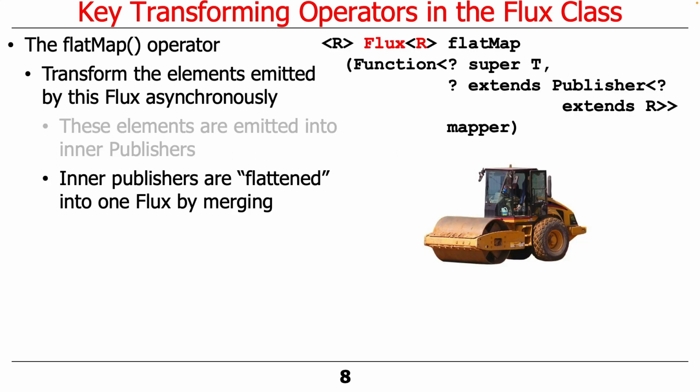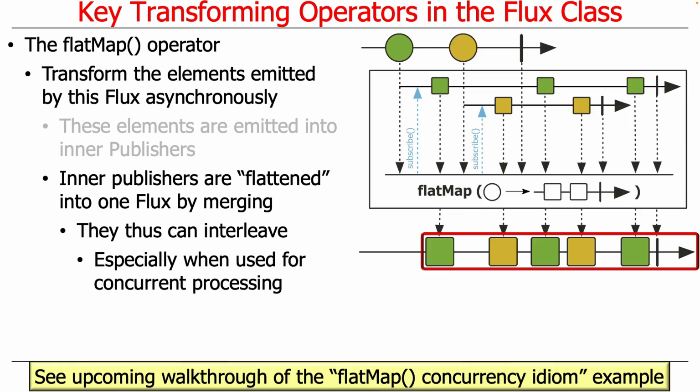The inner publishers are flattened by flatMap into a single flux by merging. And I always like to use the image of a steamroller that's going to roll over those values and flatten them out. As a consequence, these elements can interleave. And this is especially true when we use concurrent processing.